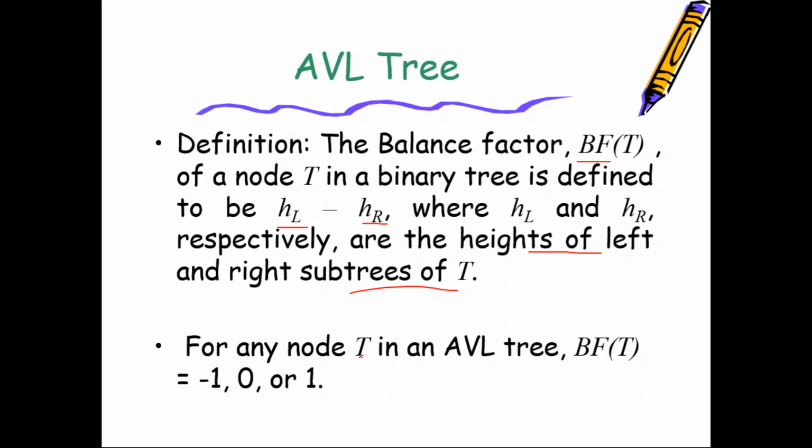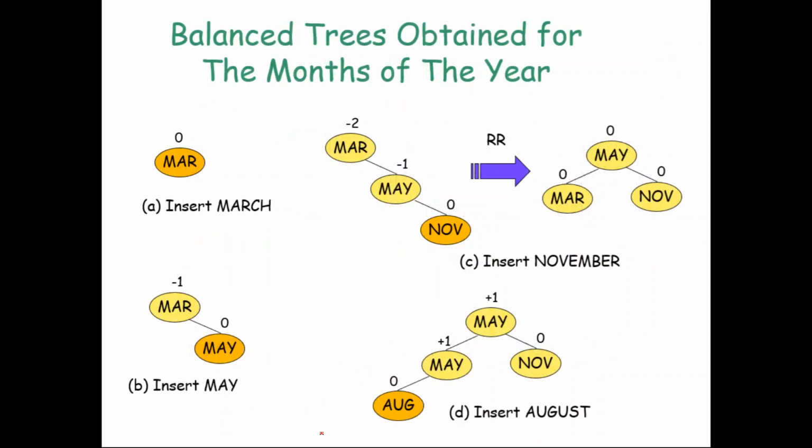So for any node T in an AVL tree, the balance factor should be minus 1, 0 or 1. As long as the balance factor is minus 1, 0 or 1 for all the nodes, the tree is balanced. If it is not, then it is an unbalanced tree, and you have to make it balanced. So that's what we are going to discuss: if after performing an insertion the tree becomes unbalanced, how will you make it balanced?